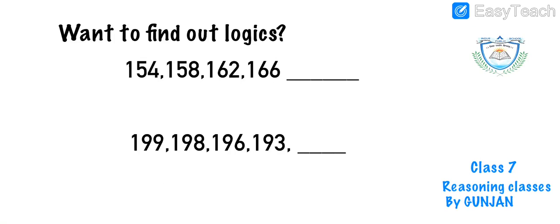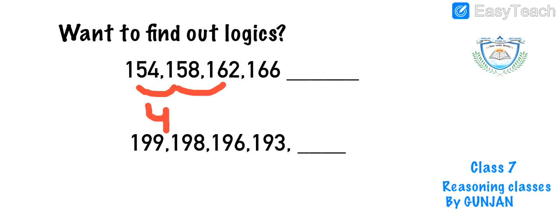Here, first question is written 154, 158, 162, 166. How to find out the logic? The very first basic step is to find out their difference. Let's check that. Difference between 154 and 158 is 4.